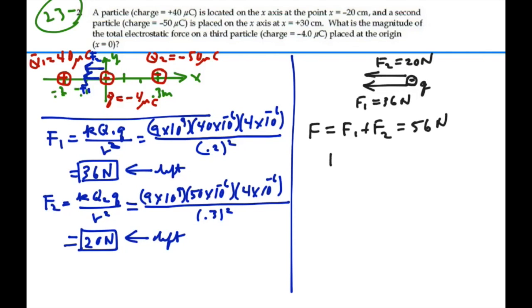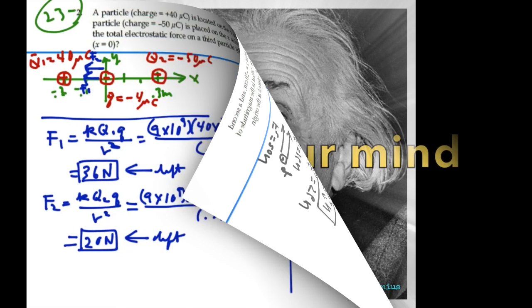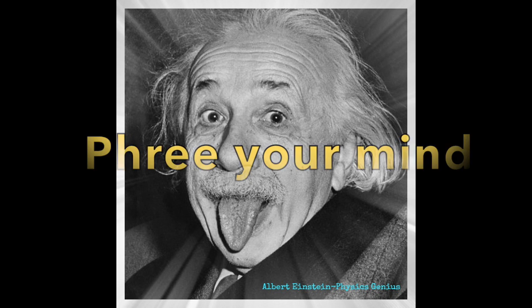If I wrote this as a vector, our net force would be negative 56 i newtons, because it would be in that direction. So even by finding the magnitudes first, we can still come up with a final vector force, magnitude of 56 newtons.